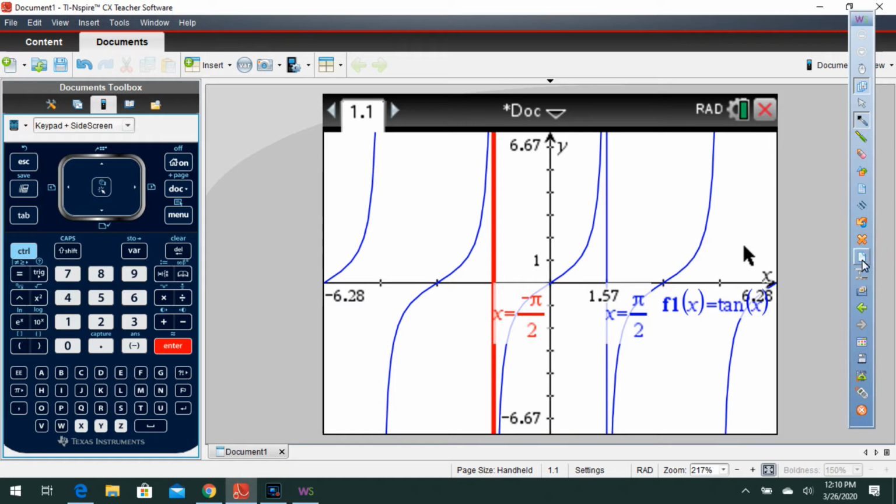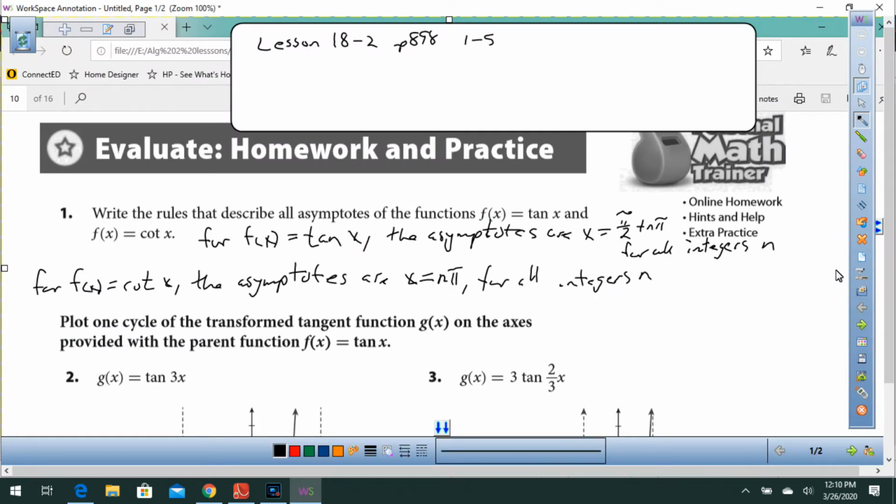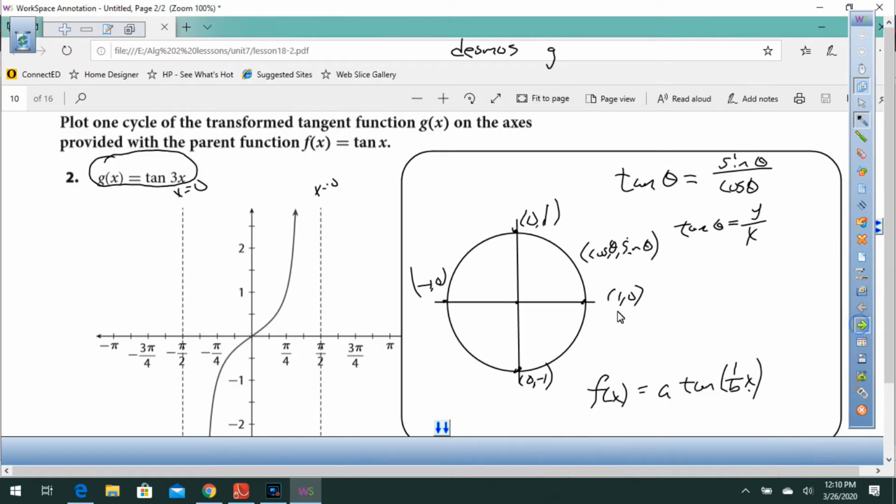How do we get this? That is actually this point right here and that point right there. That's when you got 0 divided by 1, which gives you 0. So that's kind of what it looks like.